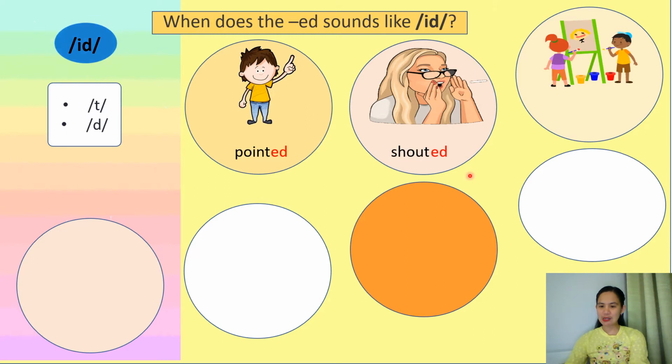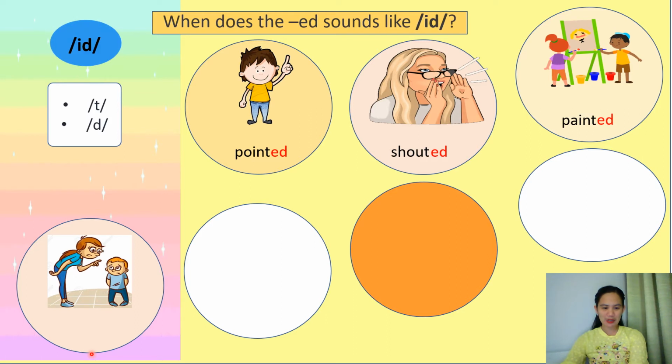Okay, now let's go to the third word. We have the word paint. So the last sound of the word paint sounds like t. So this is now the sound of t. So if we add the suffix ed at the end, we're going to sound the ed here like id. So let's read the word painted.